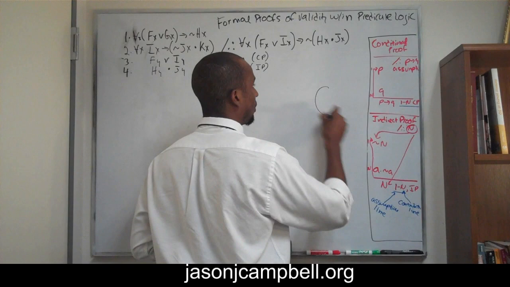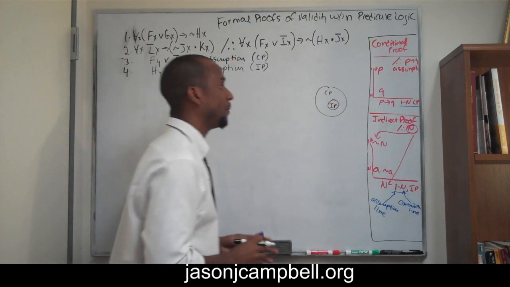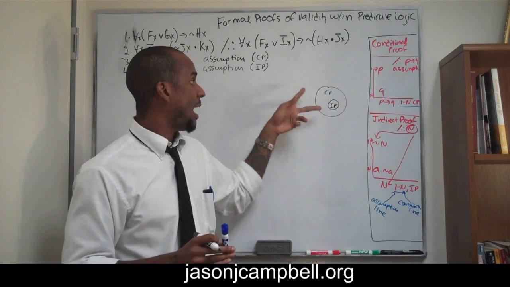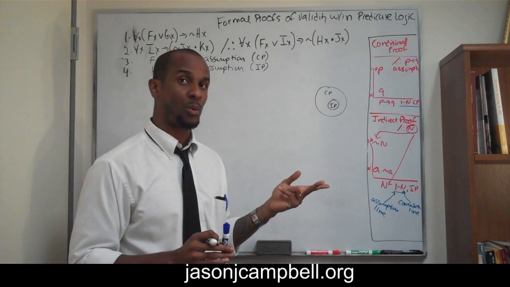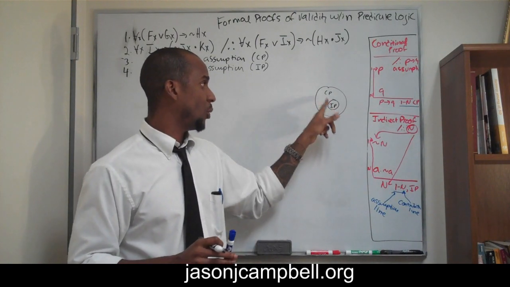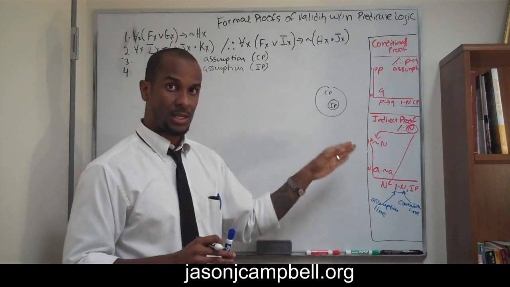So we'll have the scope of our conditional proof, and within that scope will be our indirect proof. It's not going to be the other way around, and that's important. The conditional proof will have a larger scope and contain the scope of the indirect proof, and I'll prove this in a second.